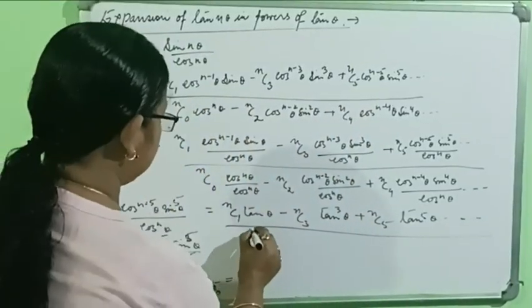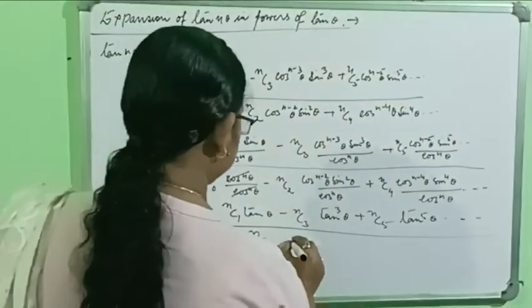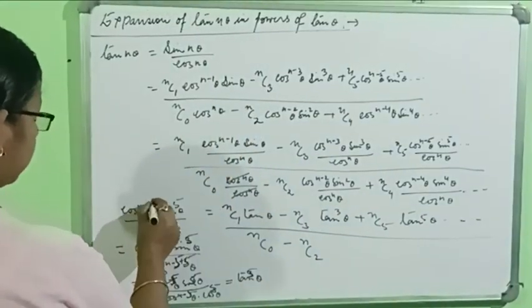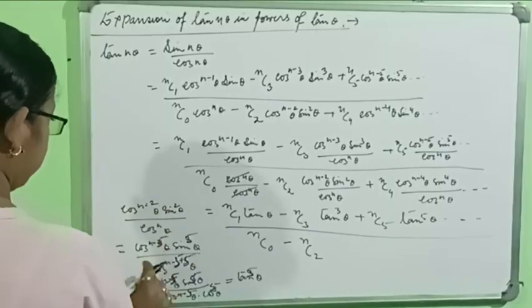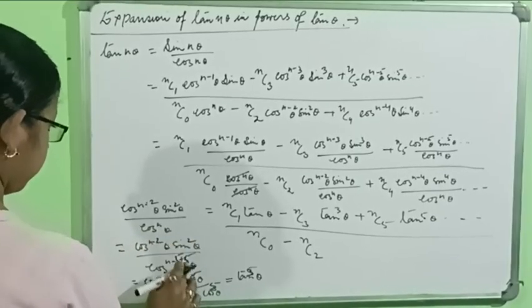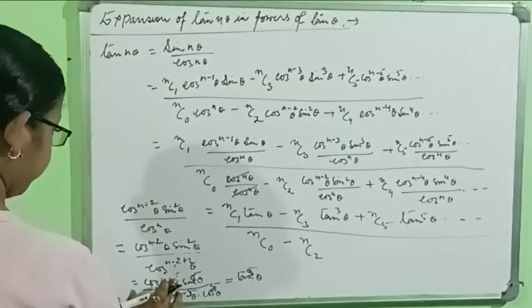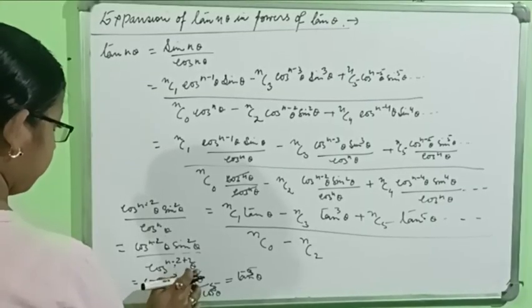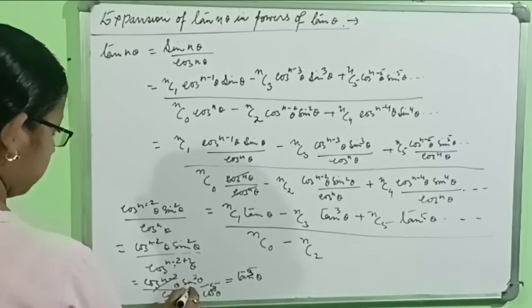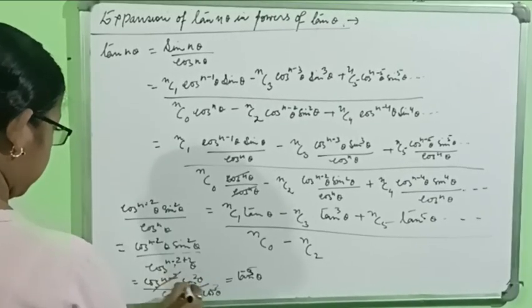Divided by nC0. This cancels out. This is minus 2 plus 2, so this just cancels out.